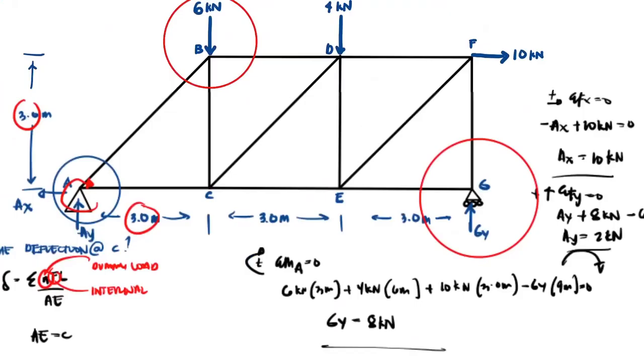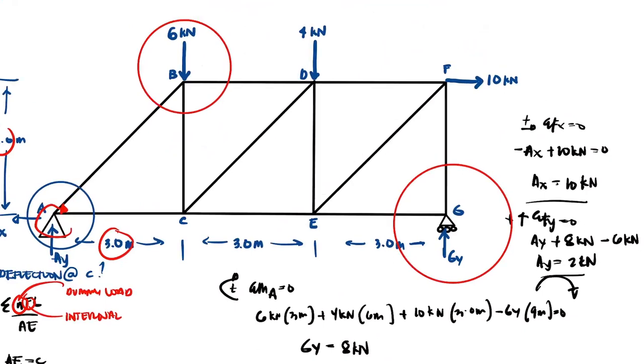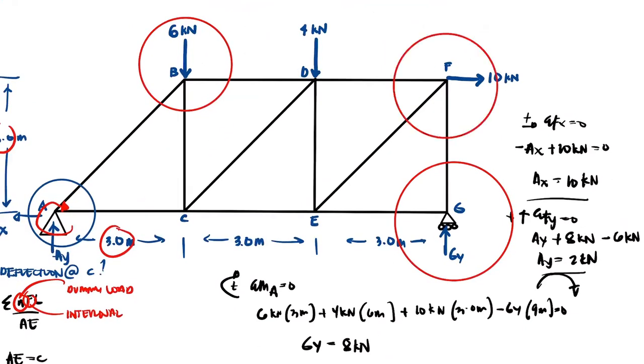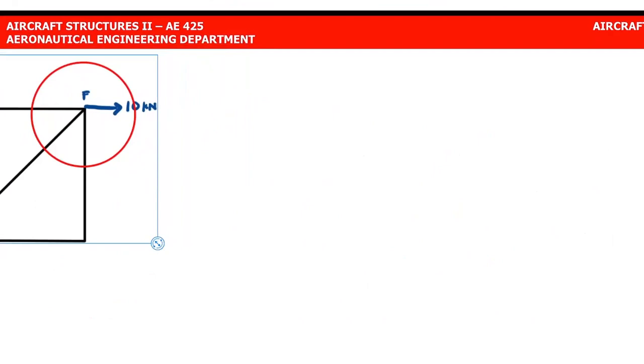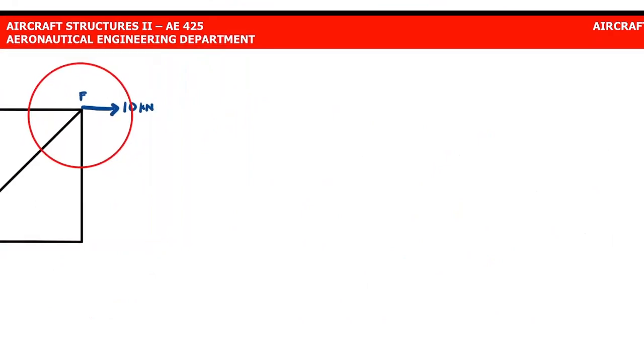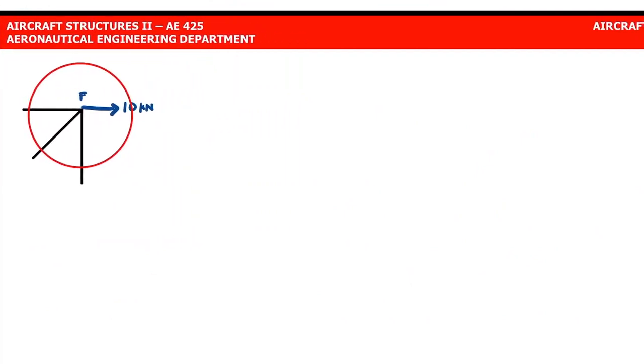Okay, now, try naman natin yung joint F. Okay, joint F naman tayo. So, copy natin yung joint F. Okay, so this is your joint F. Okay, so joint F, meron tayong elements na FD.